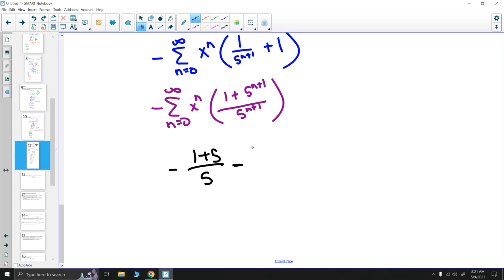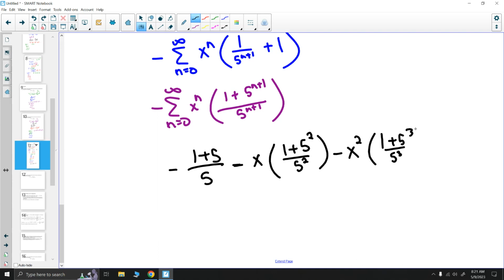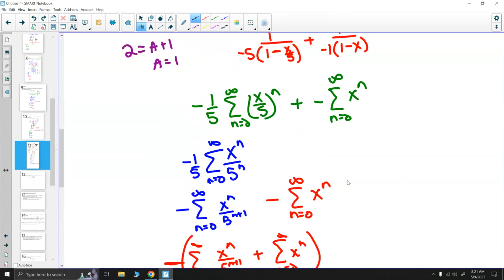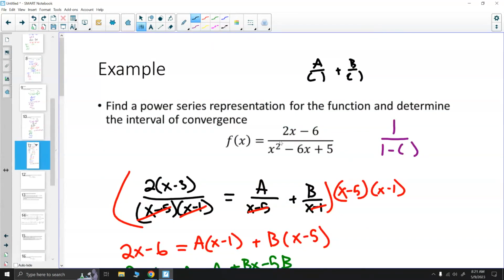When n is 1, we'd have x times 1 plus 5 to the second power over 5 to the second, minus x squared times 1 plus 5 cubed over 5 cubed, minus x cubed times 1 plus 5 to the fourth over 5 to the fourth, so on and so forth, okay? So this is what this function is equal to, and we'll see that.